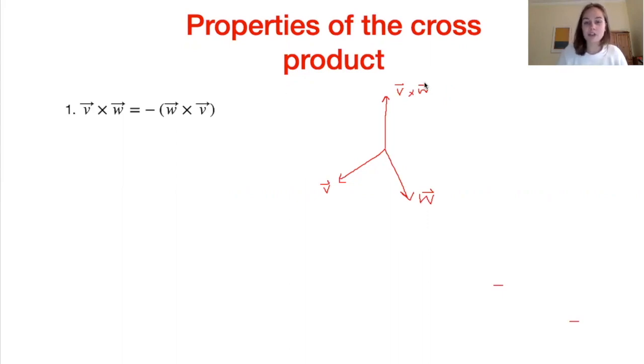So with V cross W, we turn them in an anti-clockwise direction, but now we have to go in a clockwise direction to get from W to V. And in that case, our thumb is now pointing down, and therefore our vector W cross V is in the opposite direction of V cross W. And remember, the opposite direction with vectors is denoted by a negative sign. So hence V cross W is equal to the negative of W cross V because they are in opposite directions.